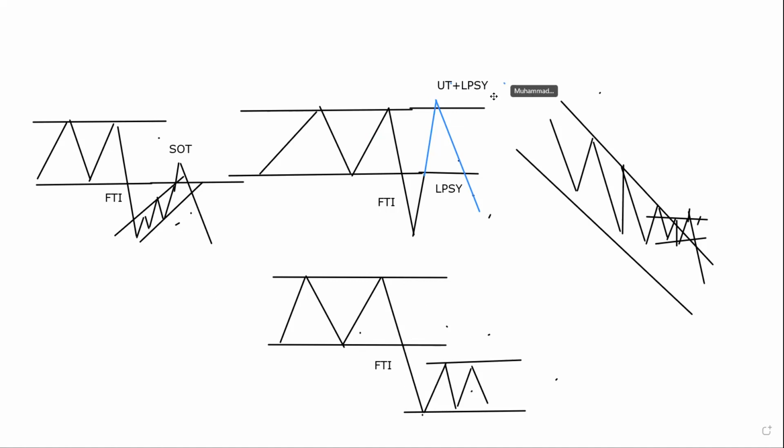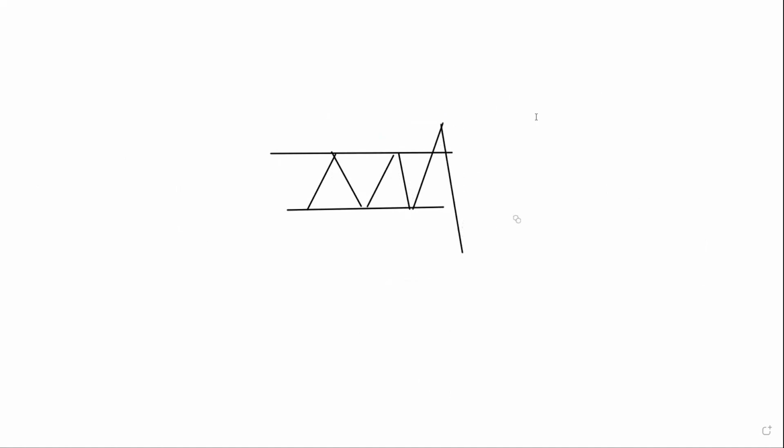And now distribution can occur in 3 to 4 variants. Can you tell me one variant? One variant is that you have this line here. Upthrust, UT. Got it? This is the redistribution range. You got UT.